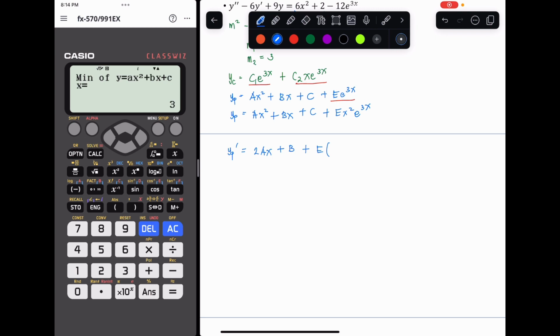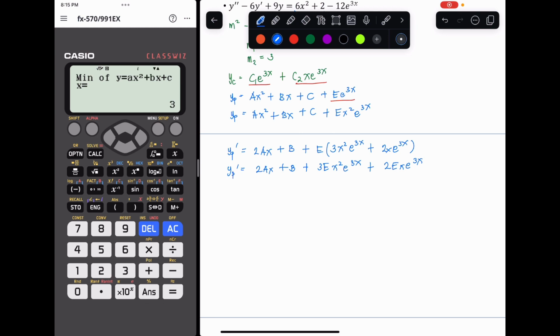For E x squared e raised to 3x, using the product rule, I have u as x squared, the derivative of e raised to 3x is 3 e raised to 3x, plus e raised to 3x times the derivative of x squared, which is 2x. Thus yp prime is 2ax plus b plus 3E x squared e raised to 3x plus 2E x e raised to 3x.